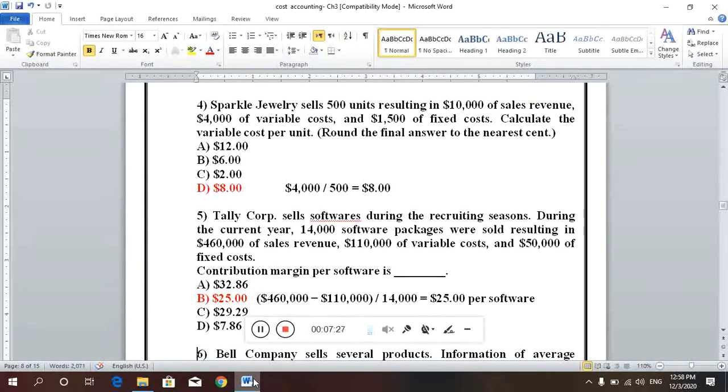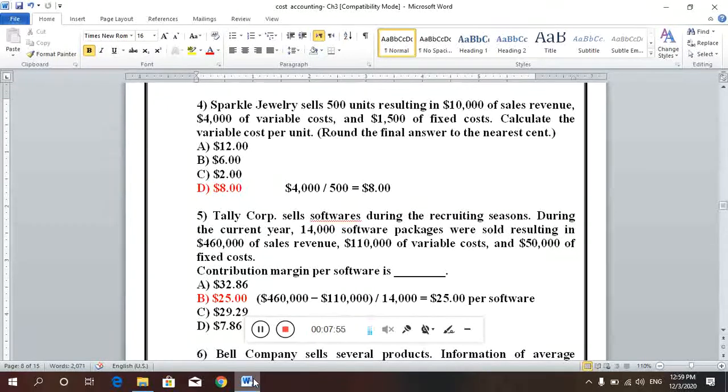He gave me units sold equal 14,000 units, sales revenue $460,000, variable costs $110,000, and fixed costs $50,000.